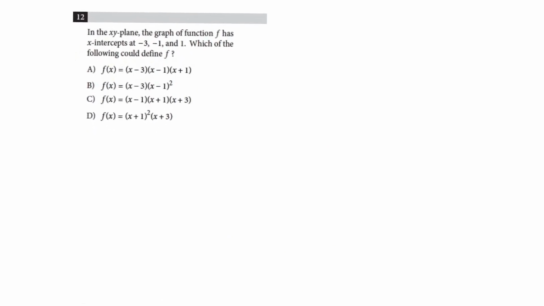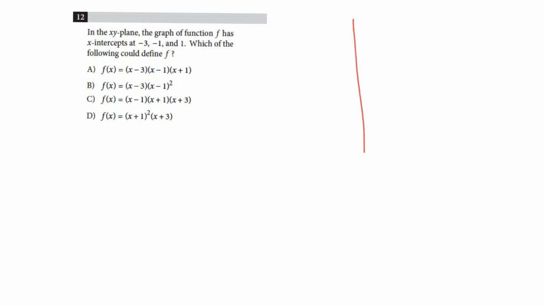All right, 12. In the xy plane, the graph of the function f has an x-intercept at -3 and -1 and 1. Which of the following could define f?